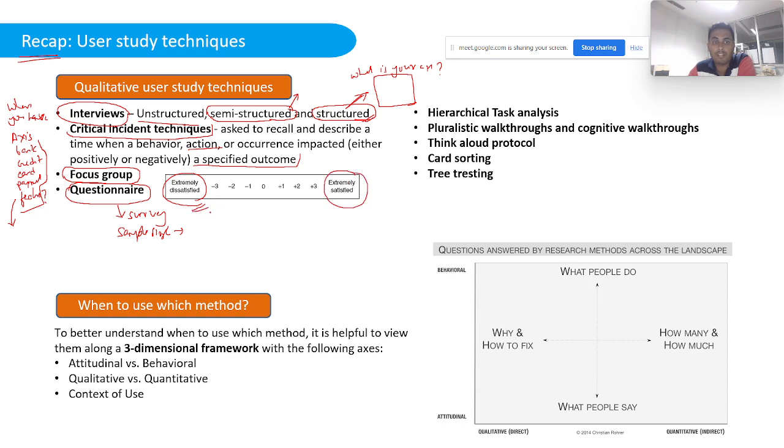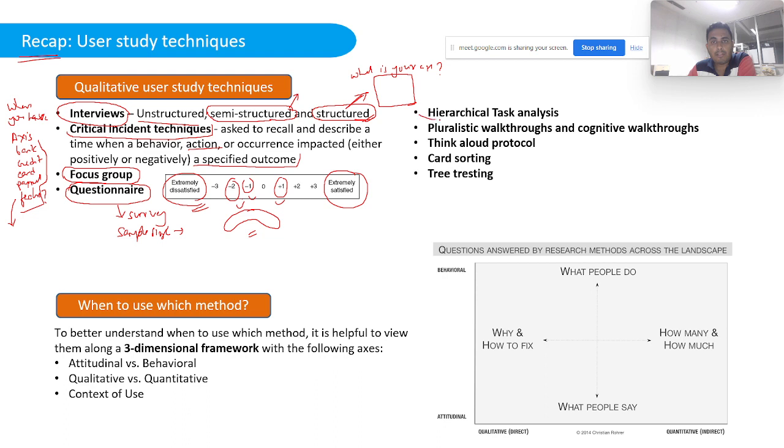When these questions are asked among a population, some will say they are dissatisfied, a few will say they are satisfied but not very much. So you will have a lot of information, and by analyzing these different responses, you can conclude whether that particular feature is interesting or not.